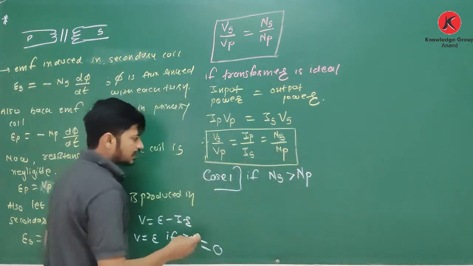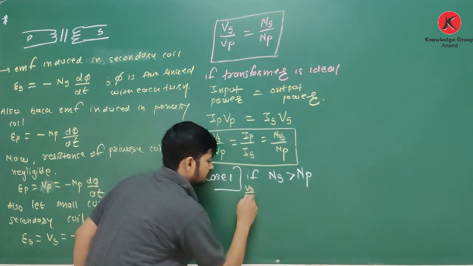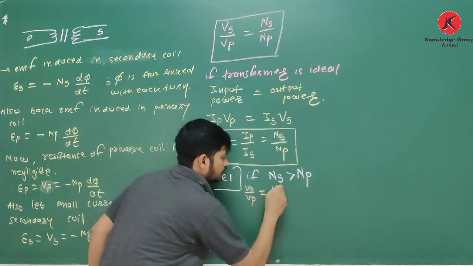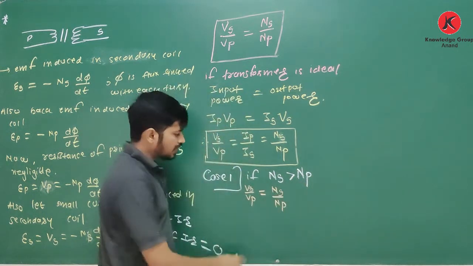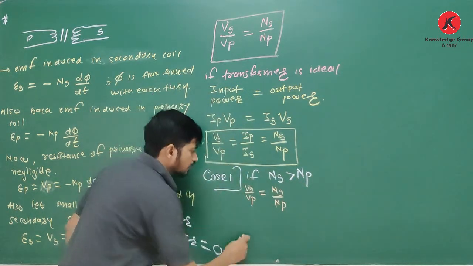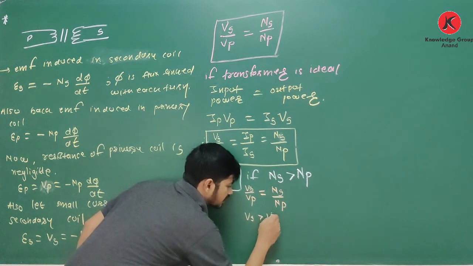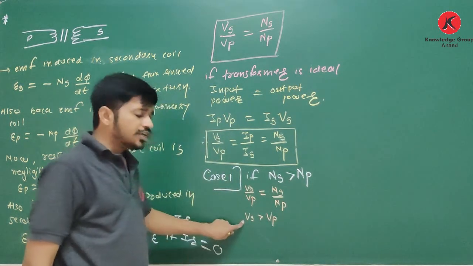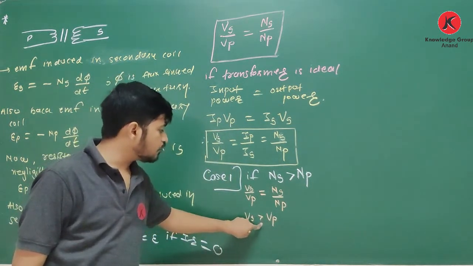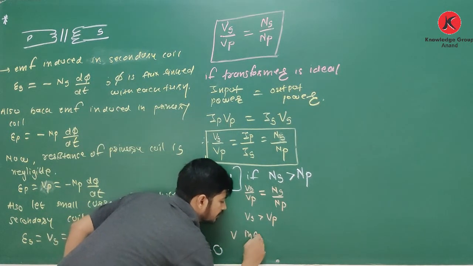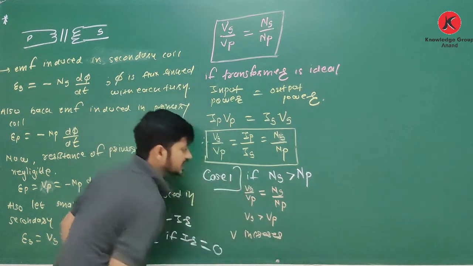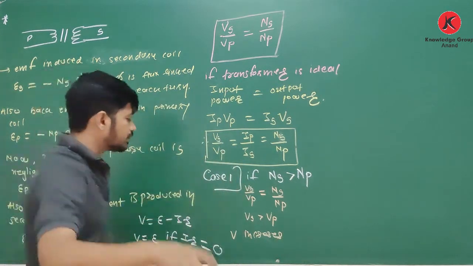So first of all, I am taking this equation, that is Vs upon Vp is equal to Ns upon Np. Now Ns greater than Np means this ratio is greater than 1. So obviously Vs is greater than Vp. Means voltage in secondary coil is greater than voltage in primary coil. Means voltage increases, and such transformer is called step-up transformer.